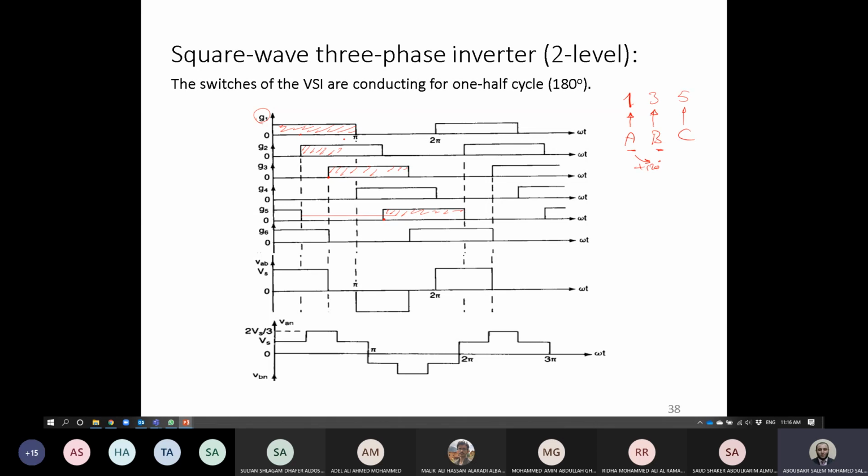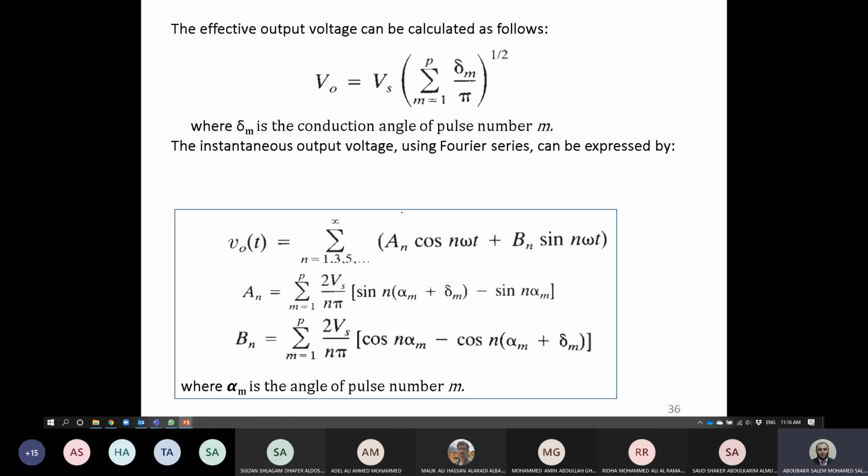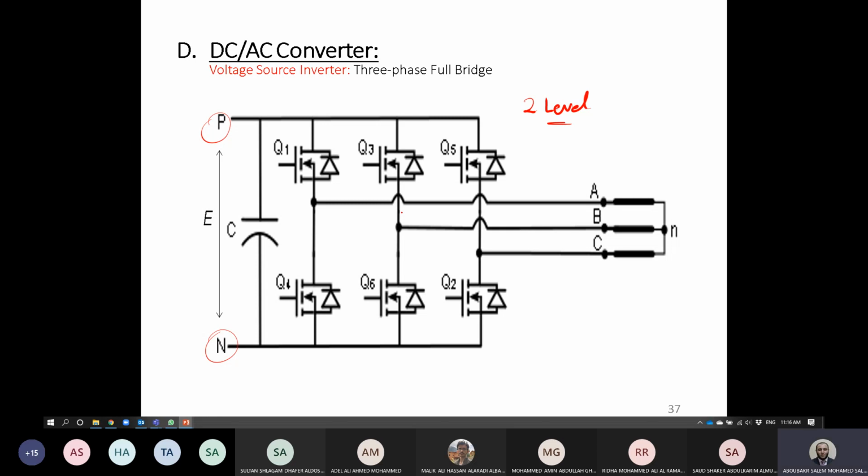This is for the upper switches G1, G3, G5, and all of the time, the lower switches have to be complemented to the upper switches. Otherwise, here in the circuit, if 2 switches on the same arm are turned on, this is going to make a short circuit on the capacitor.